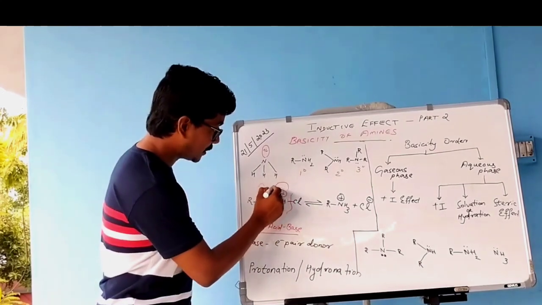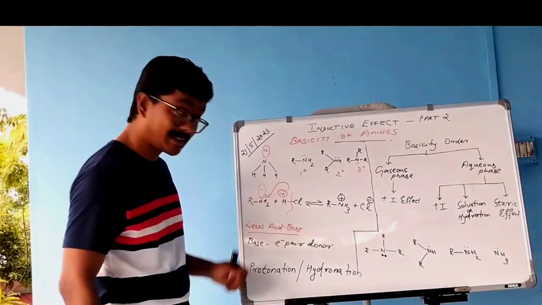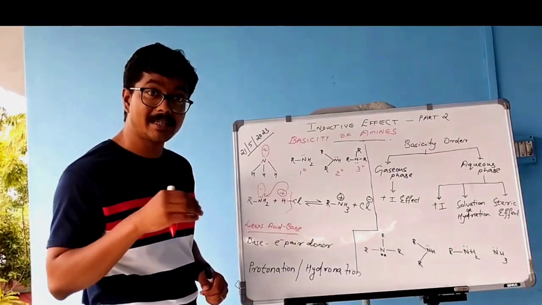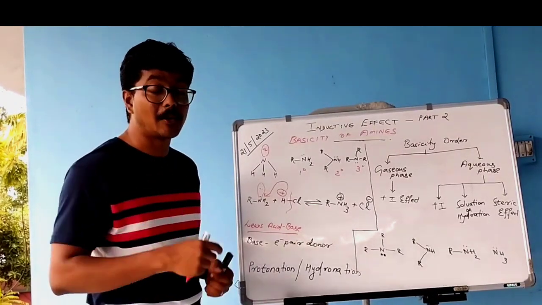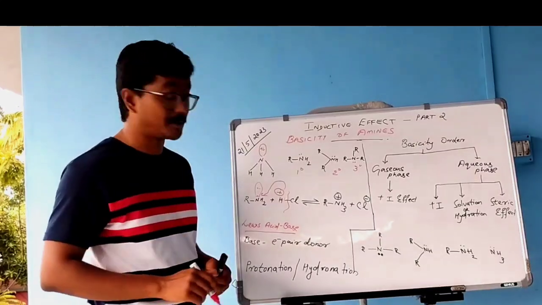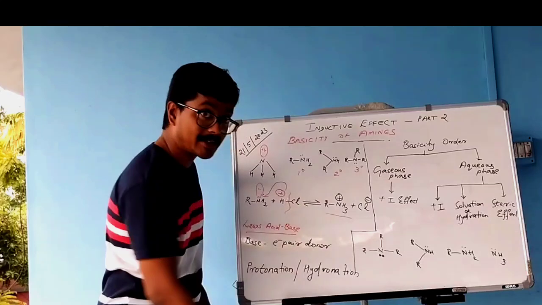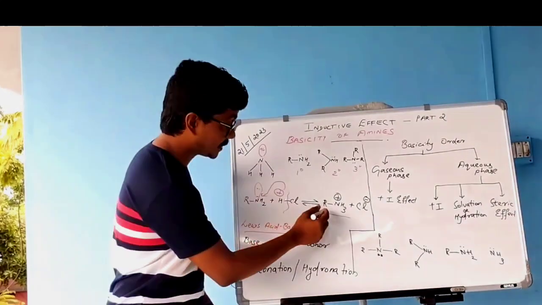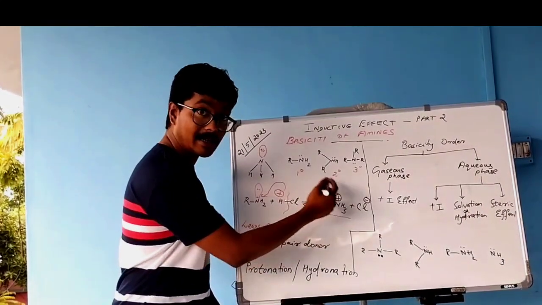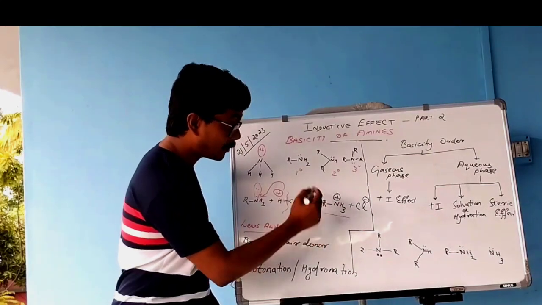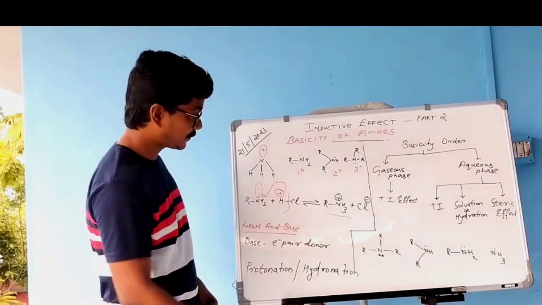This H plus ion comes to attack the lone pair, or the amine is donating the lone pair to the H plus ion, forming an alkyl ammonium cation. You should remember the name of this cation. This is alkyl ammonium cation and Cl minus.